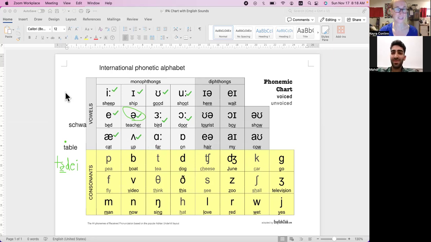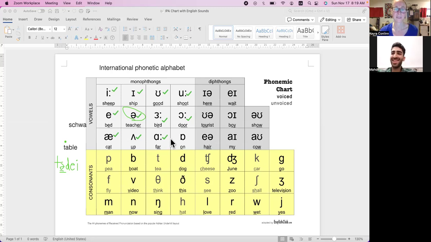Okay. Next, the R controlled A. Okay, so we have ah, but then the R. So we need to close it. R, R. This is where we have the pirate sound. R. Looks like you're about to bite something.